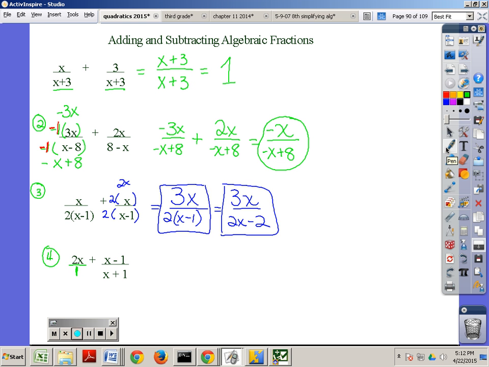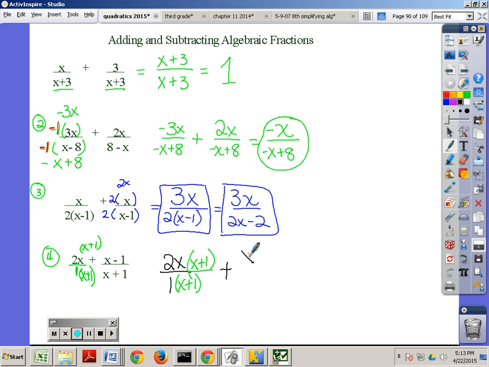And now this needs to look like this. So we're going to multiply by x plus 1. Whatever I do to the bottom, I have to do to the top. So let me rewrite that a little nicer. That first fraction, I'll put it was 2x over 1, and we multiplied the top by x plus 1, and we multiplied the bottom by x plus 1.